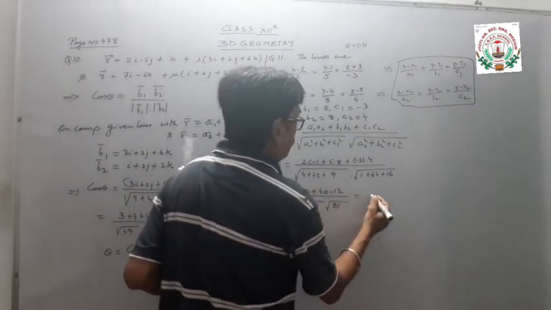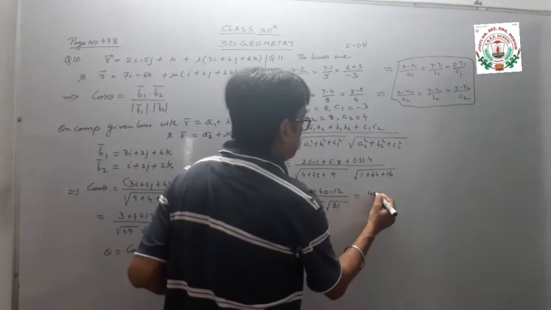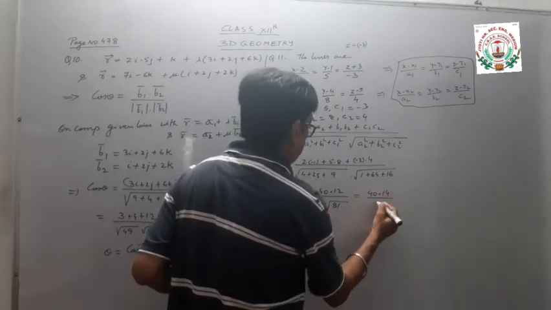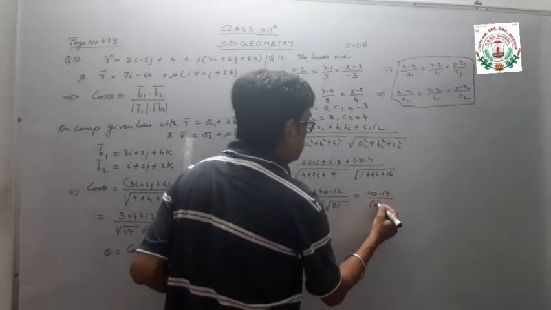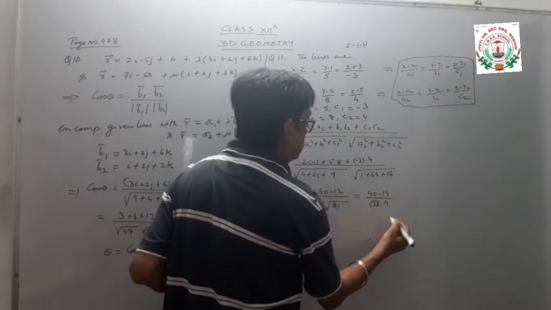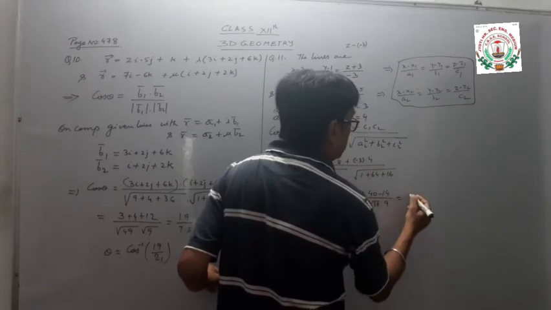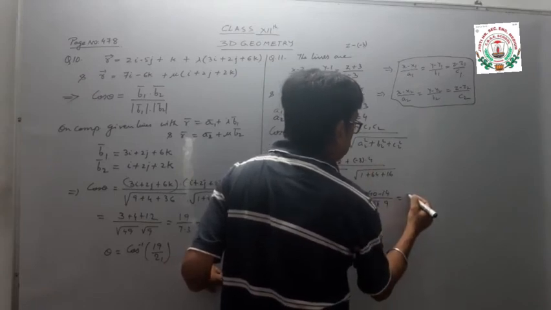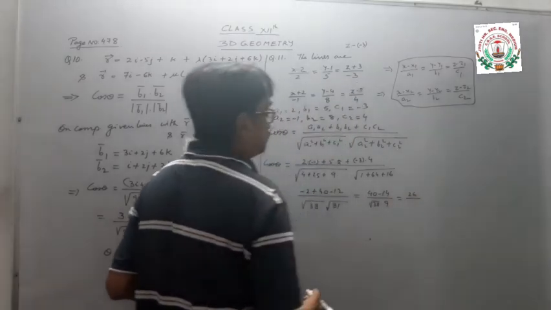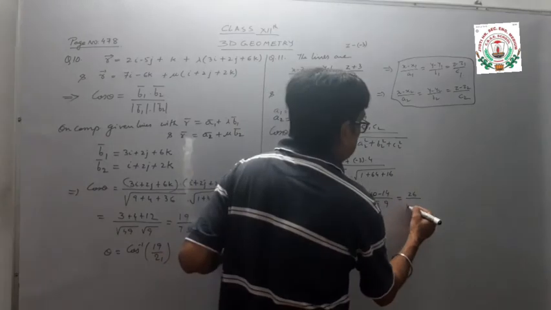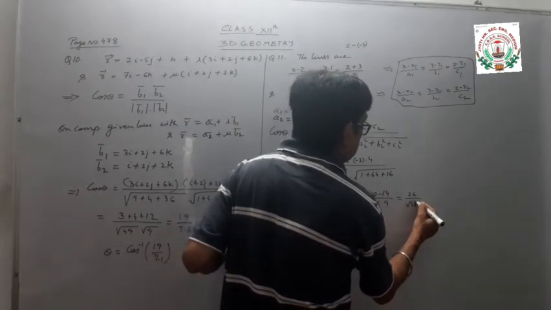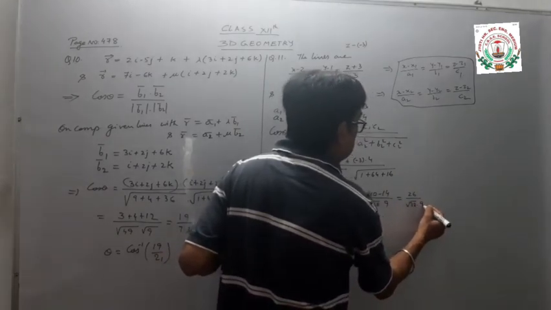So −2 plus 40, or you can say 40 minus 14 upon under root 38 into 9, that is 40 minus 14 will be 26 upon under root 38 into 9.